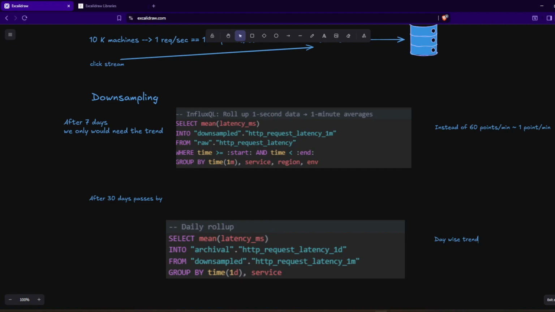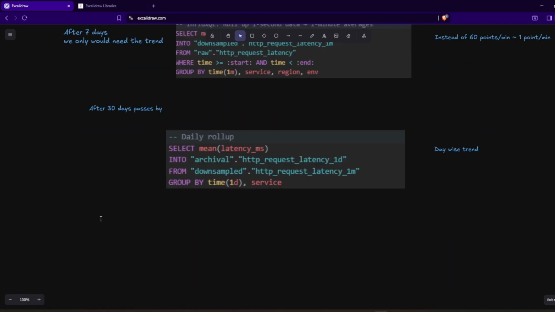So in this way, we keep on rolling up to 1 day, 7 day, 30 day, monthly for monthly charts. In this way, the rollup keeps on happening.